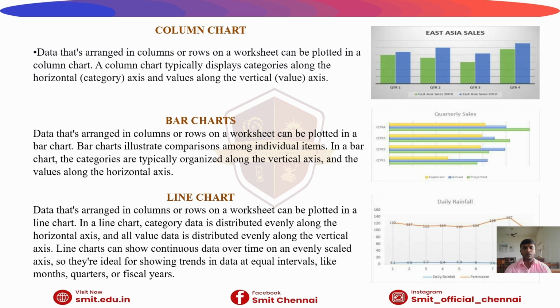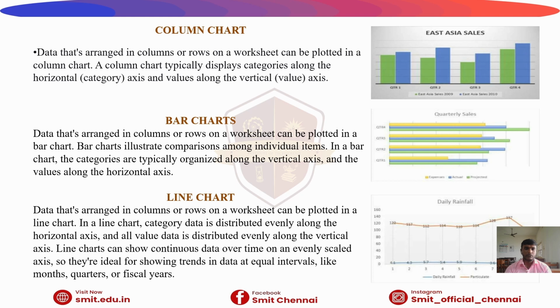First is the column chart. A column chart displays categories on the horizontal axis and values along the vertical axis. It's ideal for comparing values across different categories.